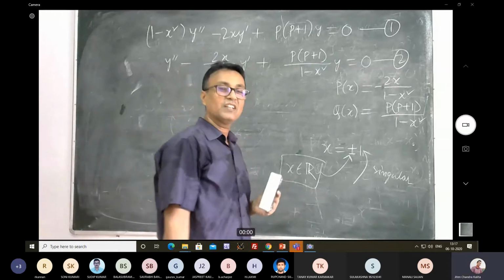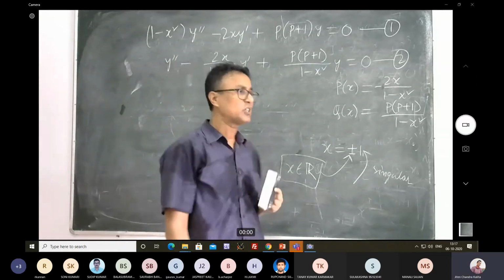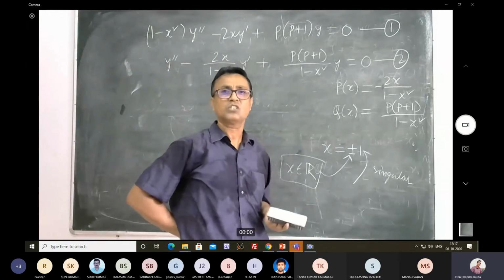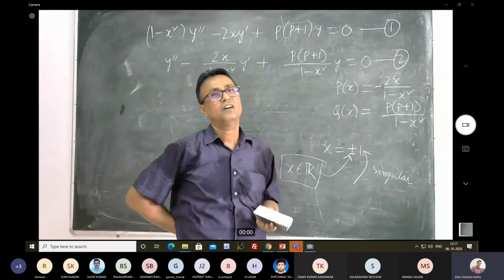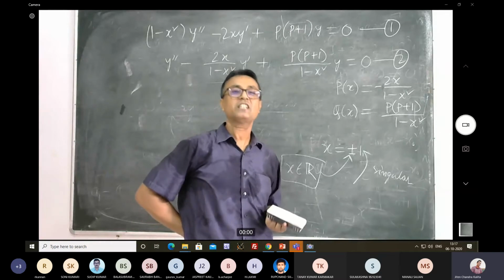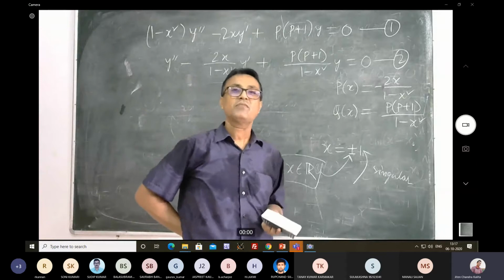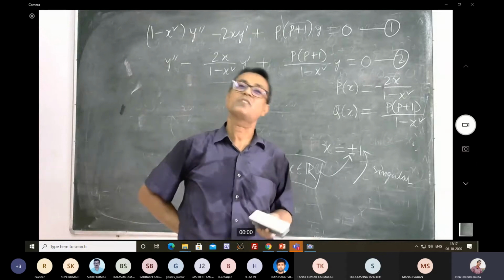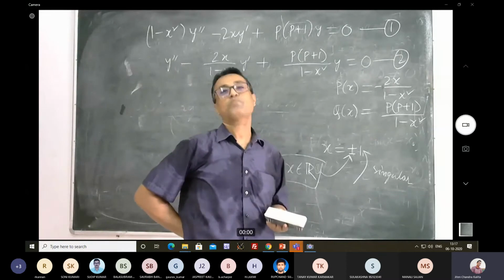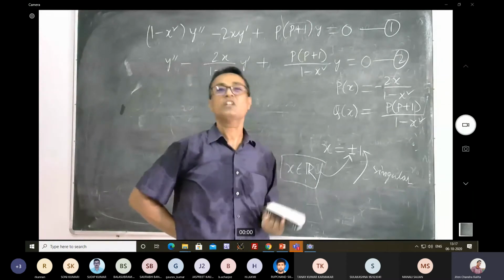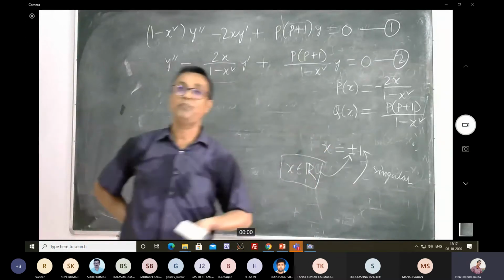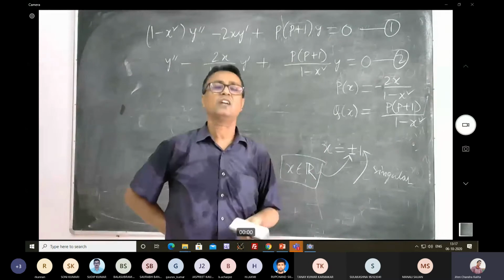So I'm still not sure, but I have a strong hunch that if p(x) and q(x) are analytic about a point, and I am seeking a solution of this differential equation in the form of an infinite series about that point, which is an ordinary point, because by definition p(x) and q(x) are analytic about that point, then probably it is going to work.